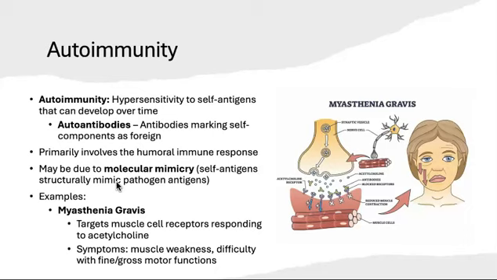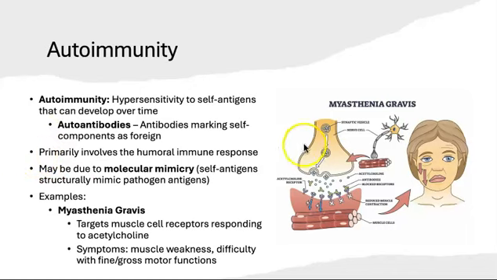Then we have autoimmunity. This is a hypersensitivity to our self-antigens that starts to develop over time. It affects about 5% of our population, and the antibodies that develop are known as autoantibodies. Auto meaning self, meaning that they're looking at our own self-antigens as being foreign, so they start attacking them.